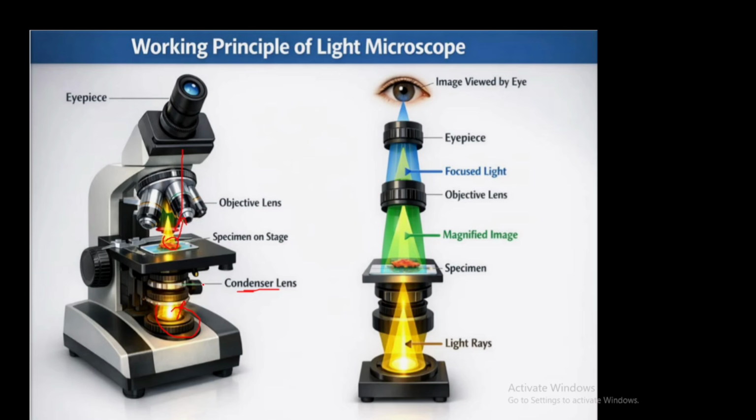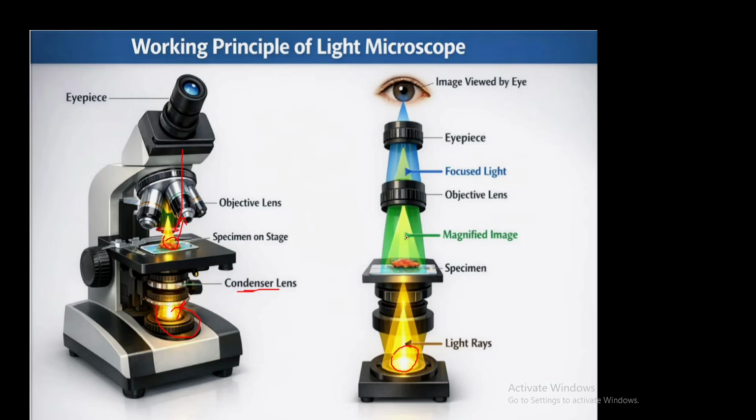So remember, guys: light rays come from the light source. Scattered light rays are gathered by the condenser, which collects the light rays. Then the light passes to the specimen, and the specimen absorbs the light.